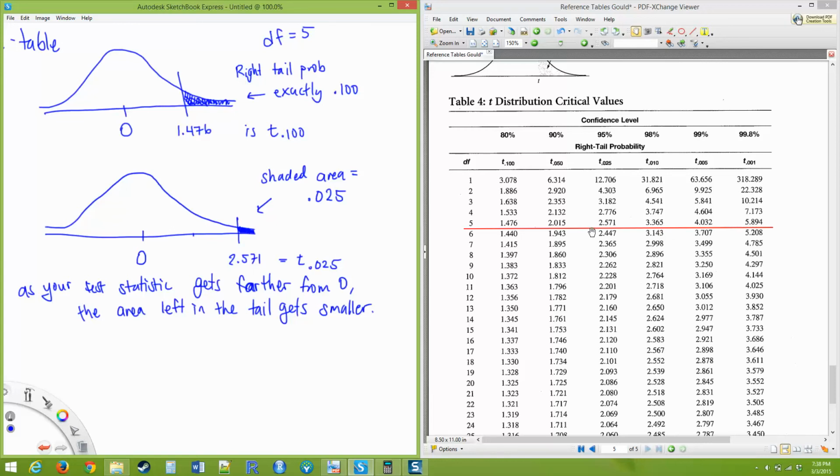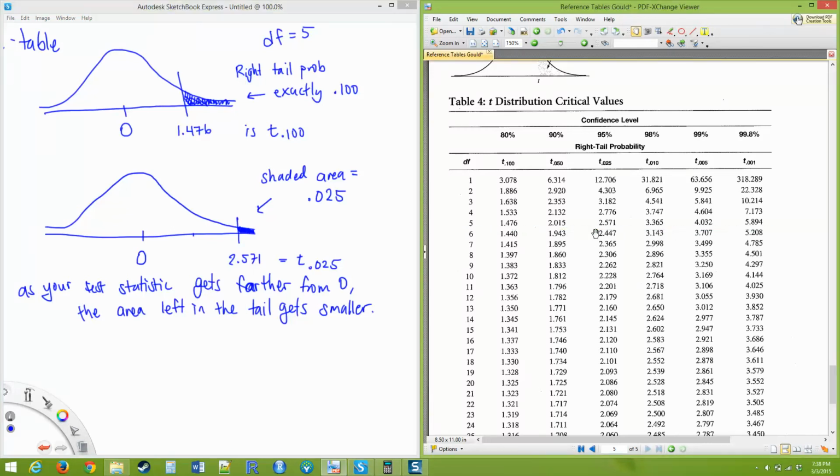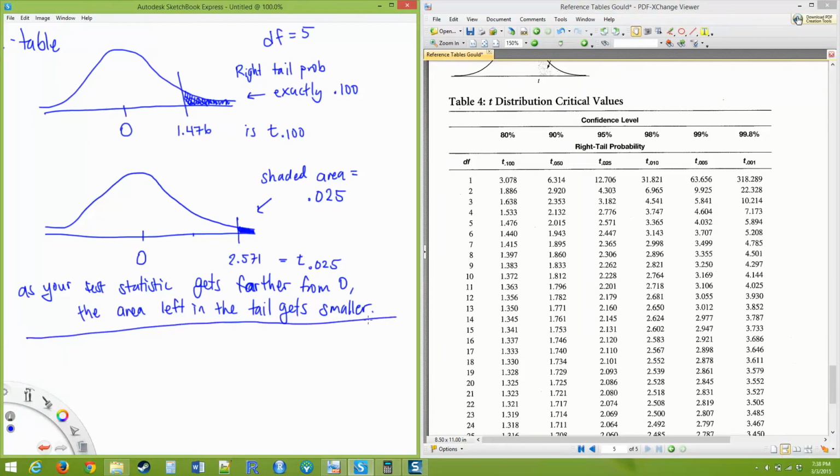Okay, quick check of your understanding. Let's say you have 17 degrees of freedom and t is equal to 2.567.